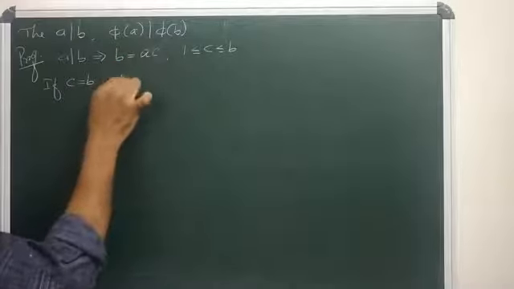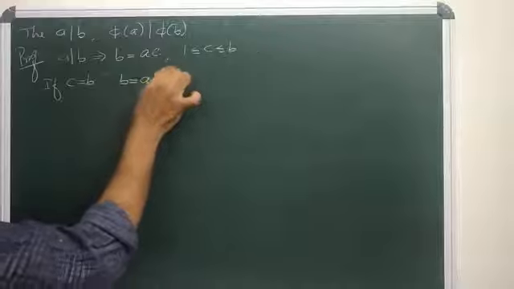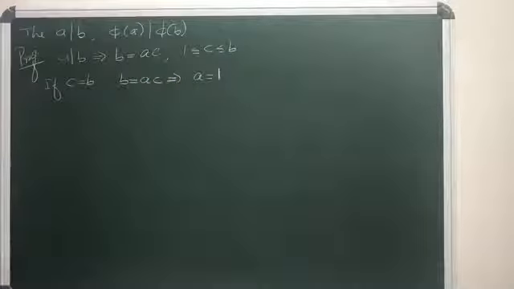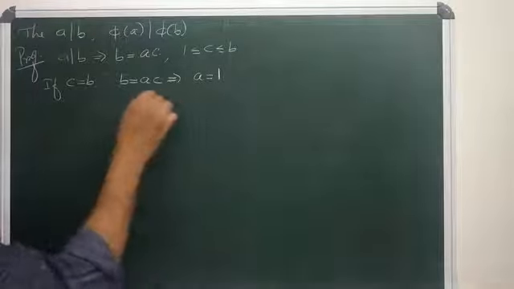B equals AC implies, if C equals B, A equals 1. Sure. Okay. So A equals 1.